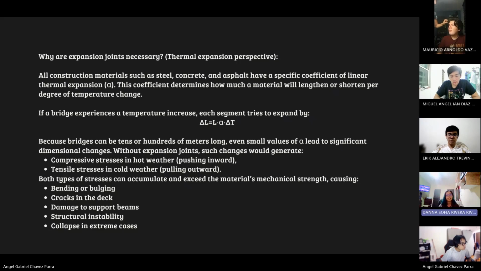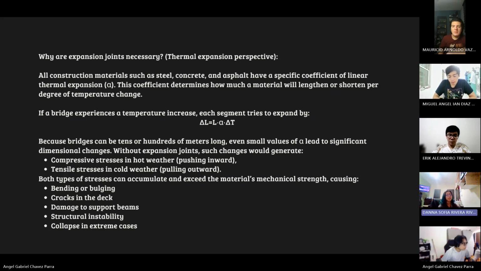If a bridge experiences a temperature increase, each segment tries to expand by delta L equals L times alpha times delta T, because bridges can be tens or hundreds of meters long. Even small values of alpha lead to significant dimensional change.